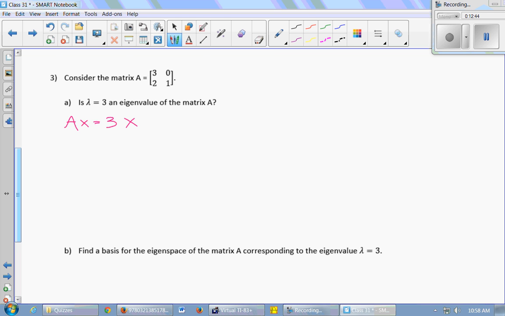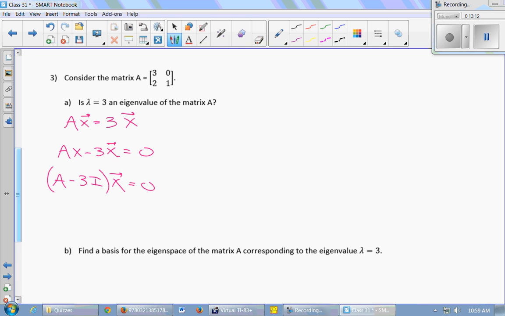Put in a 3 for lambda, which is the same thing as saying Ax minus 3x equals 0, which is the same thing as saying (A minus 3I) times x equals 0. Because if I distributed this x, I'd get Ax minus 3x.